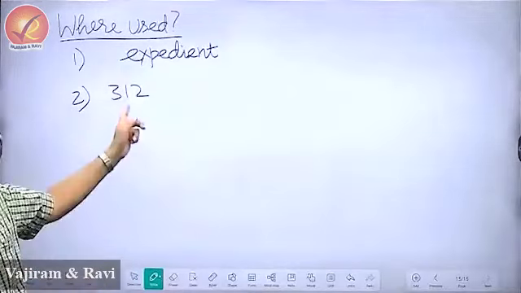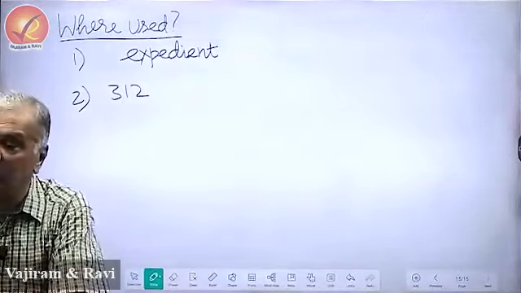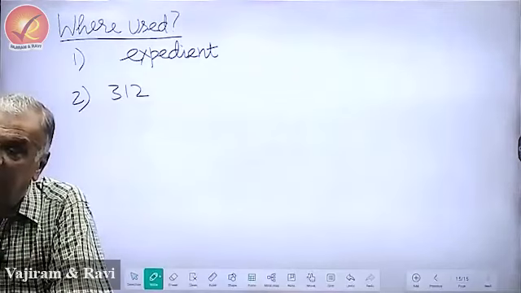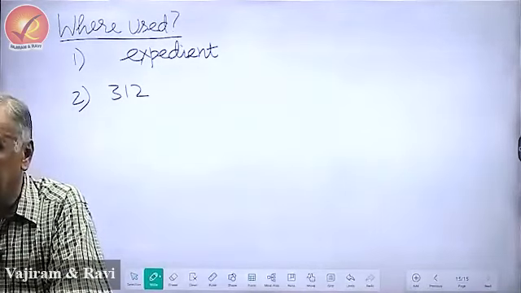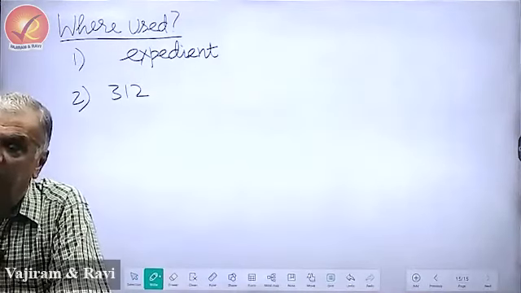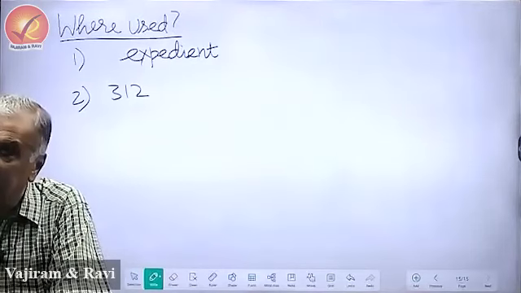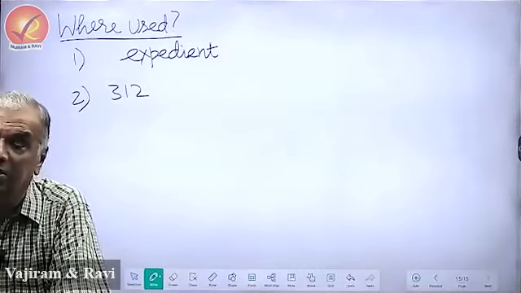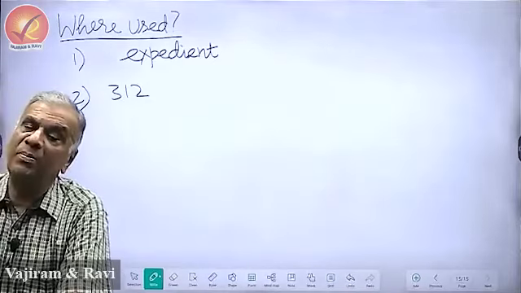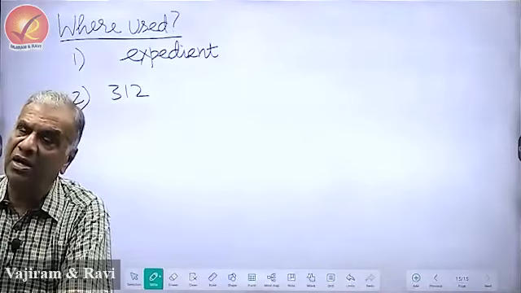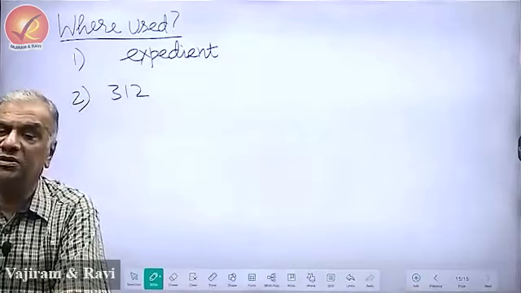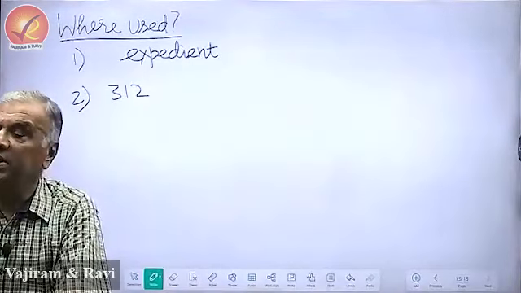The procedure is given under Article 312. It says if the Rajya Sabha passes a resolution supported by not less than 2/3 of the members present and voting, that it is necessary to create a new All India Service, then the Parliament may by law create a new All India Service within a period of 1 year.